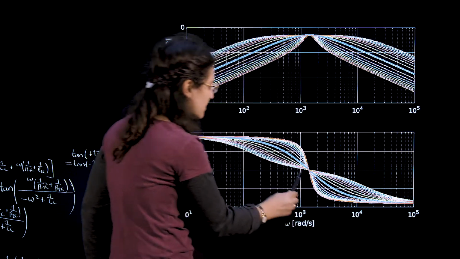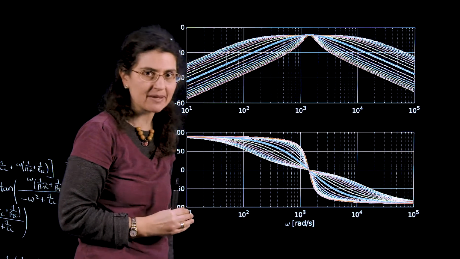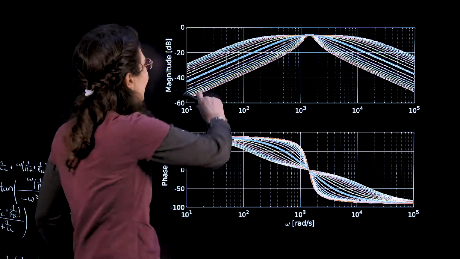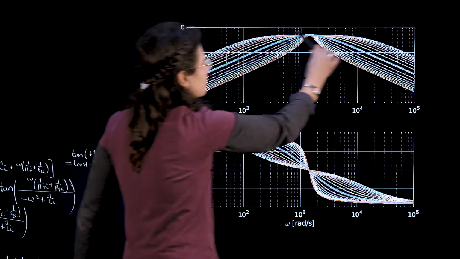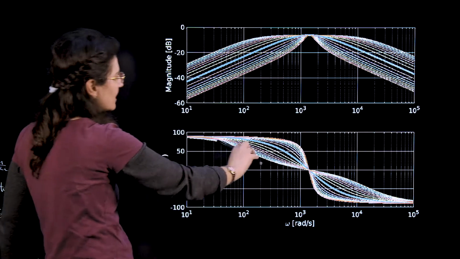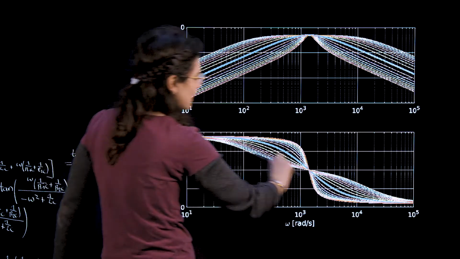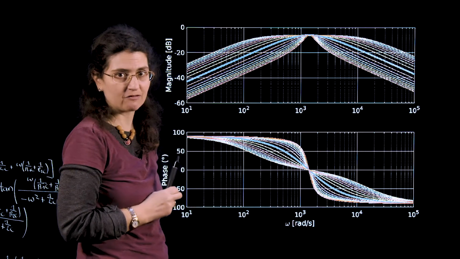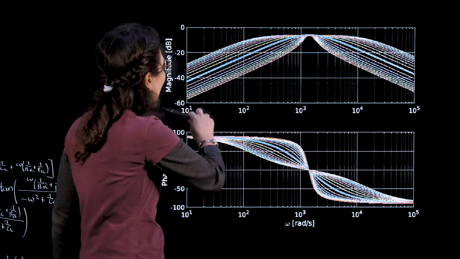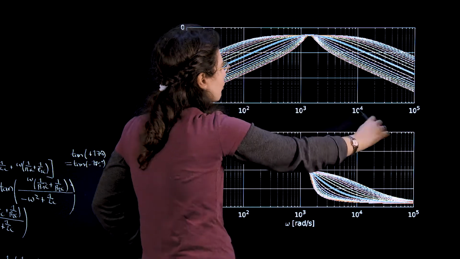So what happens when I increase zeta, that means my damping factor is bigger, it basically broadens my peak here. Yeah, it broadens the peak, and it makes my phase response flatter. When I decrease my damping factor, then my resonance is sharper, so I get a stronger peak.